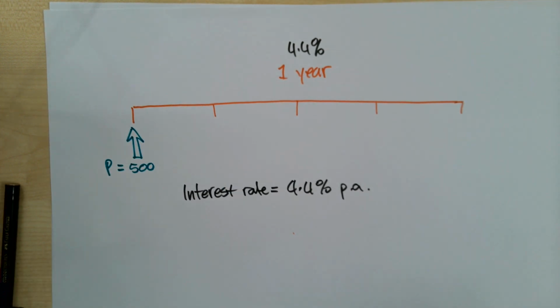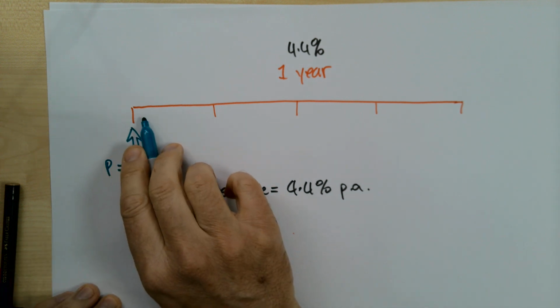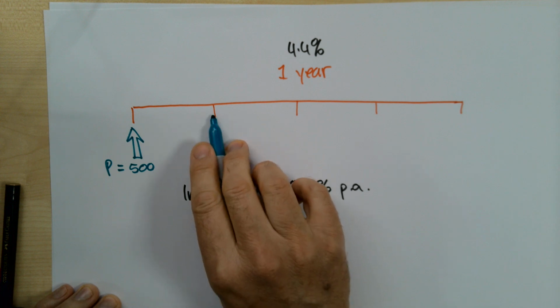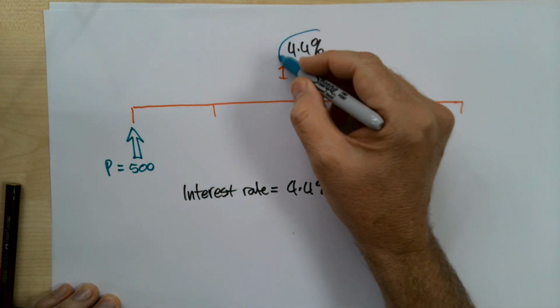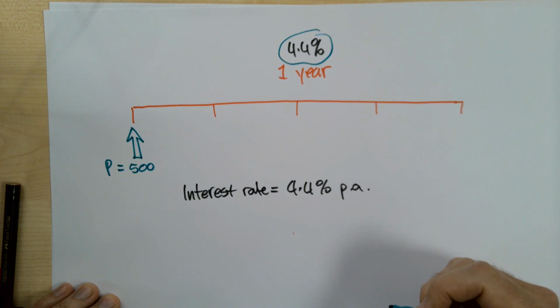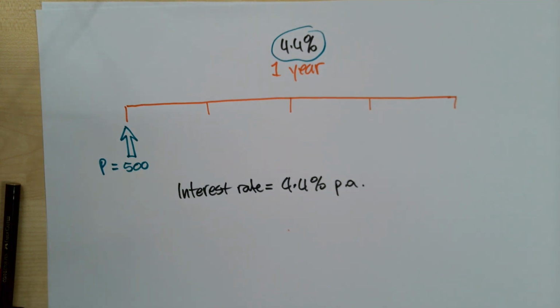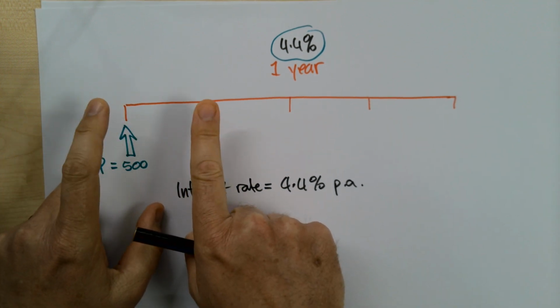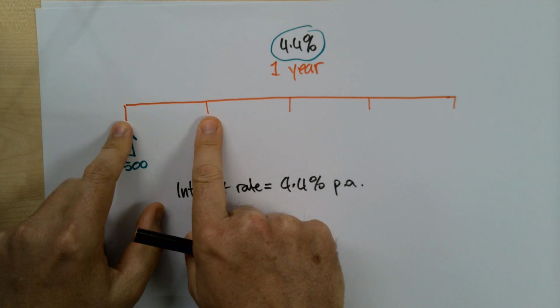Just like we've always seen, principal is how much you start off with. As the year chugs along, we get to the first quarter, and it's going to apply a bit of interest, but it's not going to be 4.4%. It's 4.4% per annum, but we are looking at just this time period here, which is a quarter of the year.